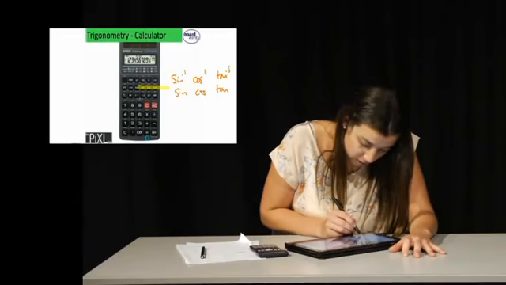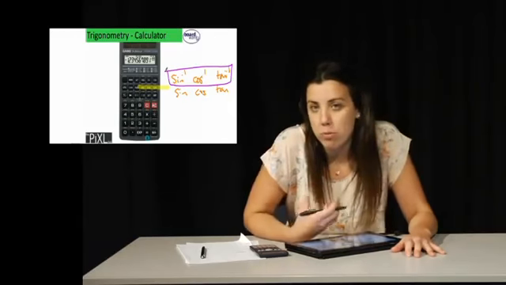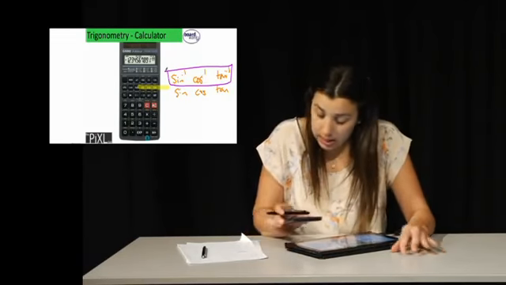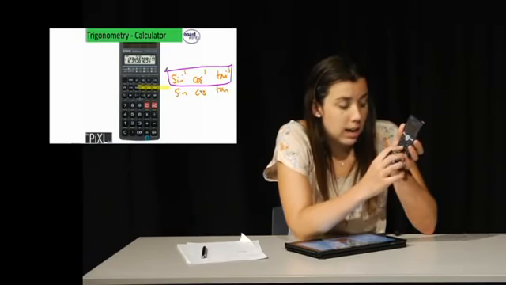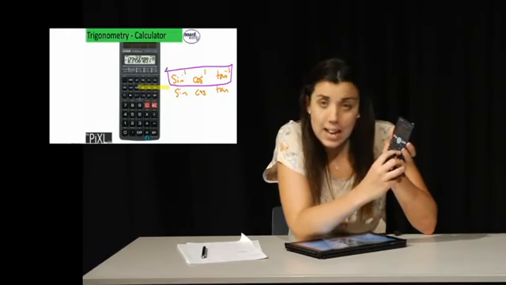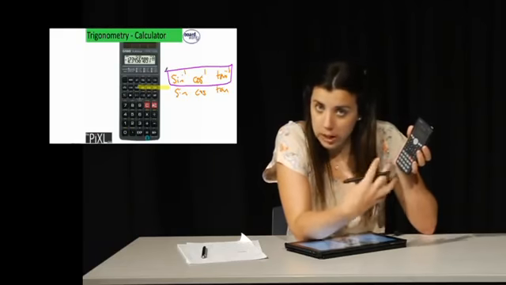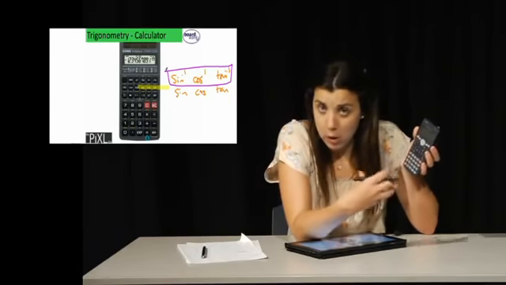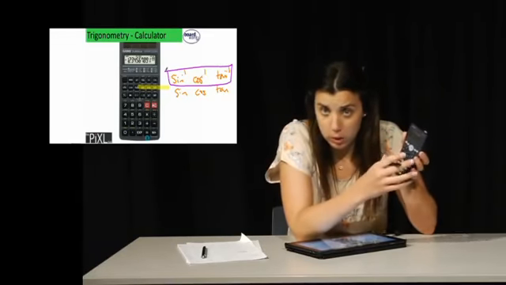And to get to the ones at the top, which are the inverse ones, you generally have to press a shift button or a second function. So on my calculator, I've got them here, sin, cos and tan, and to be able to get sin to the -1, cos to the -1 and tan to the -1, I'm going to have to press my shift button up here. So in some of the calculations I'm going to be going through this with you, I want you to have your calculator out and doing every single calculation with me on your calculator.